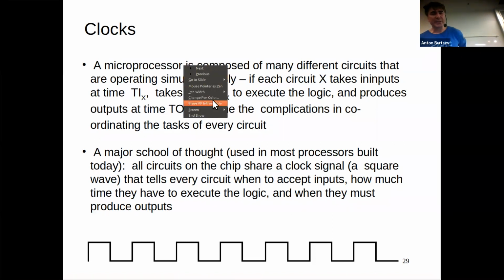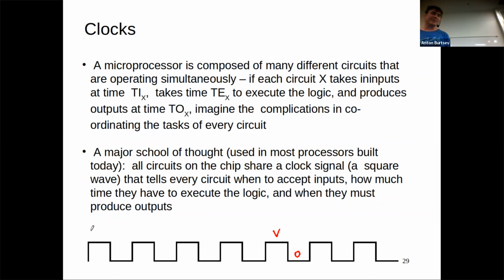So let me first introduce the idea of a clock signal. At a high level, it's just a signal which oscillates between a high voltage V and zero. We talked many times about the cycle.